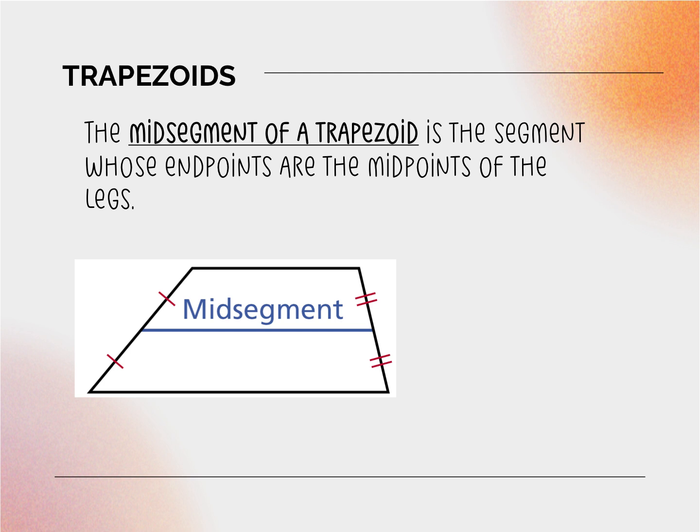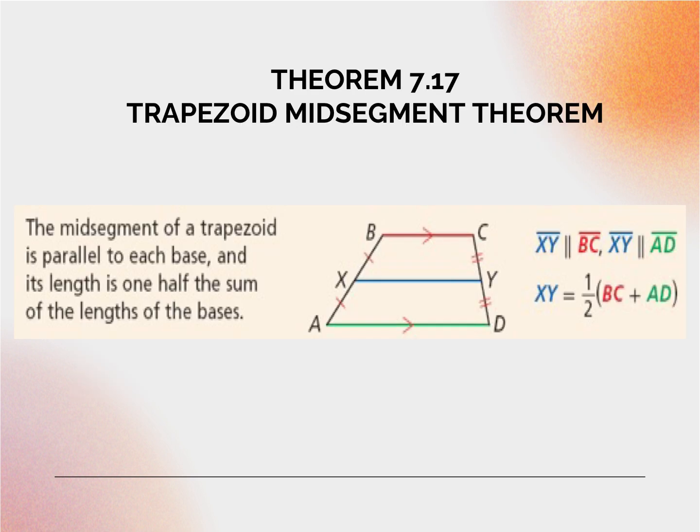For this, I'm working with my bases. If you look at the next slide, the formula, they're giving it to you as half times. I like to write it as either half times base 1 plus base 2, or most of the time you will see me write it as base 1 plus base 2 divided by 2.